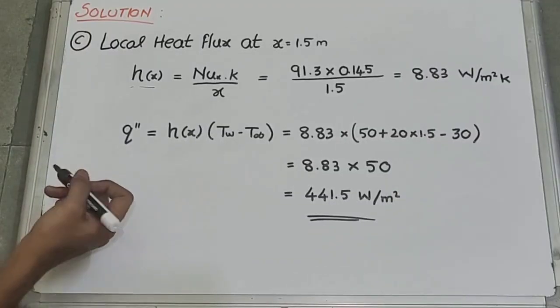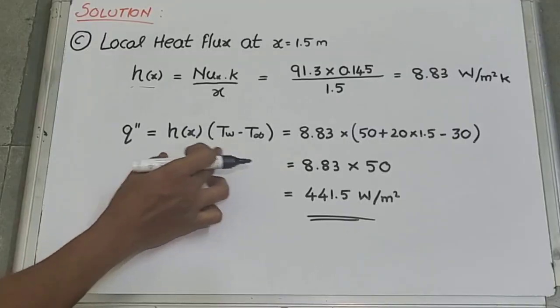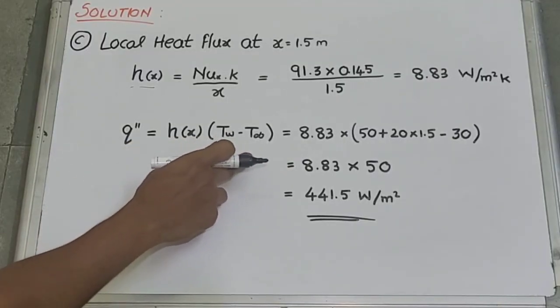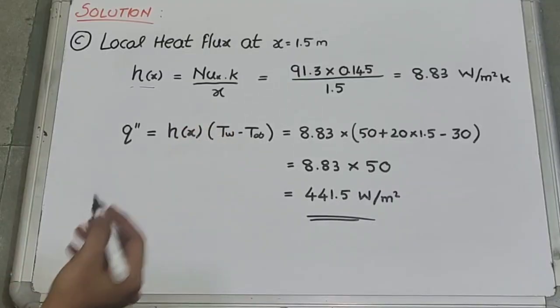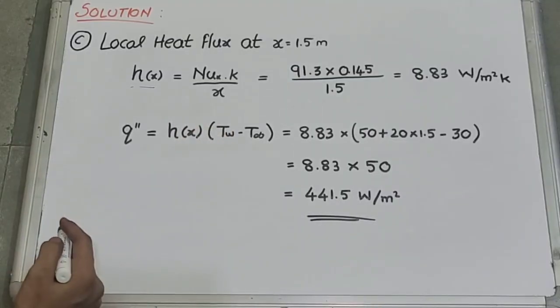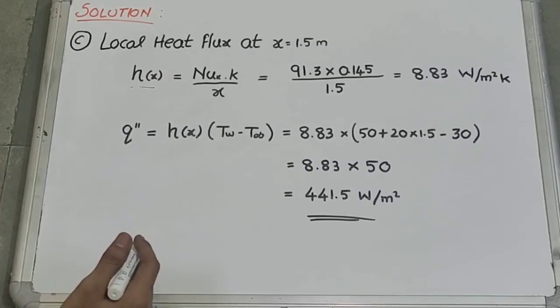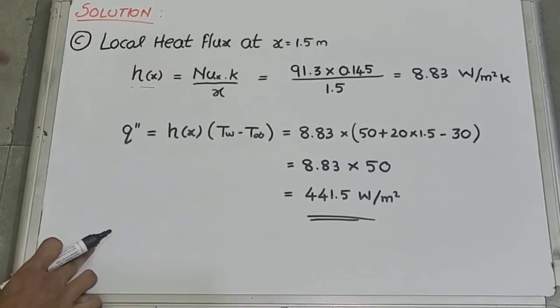Now to find the local heat flux, we have the formula: heat transfer coefficient times (Tw minus T infinity). Tw is given in the question as 50 + 20x, which means it varies with the distance x. But here we need to find it for x = 1.5.